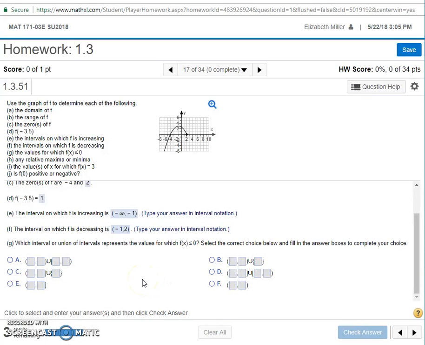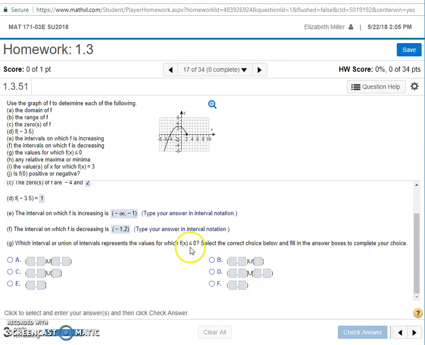So how do we know which one to pick? Well, that's only one section. So already we can eliminate A, B, C, and D because those are set up for multiple sections. The difference between E and F is F ends with a parenthesis, E ends with a bracket, okay?